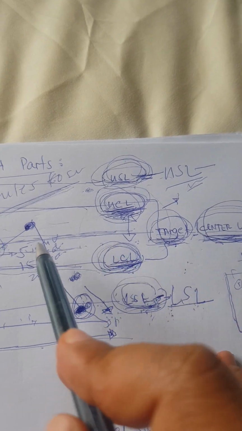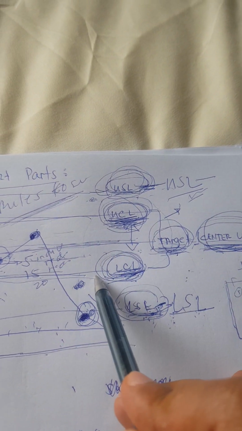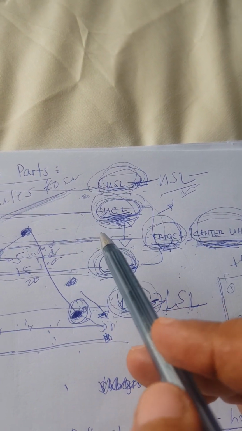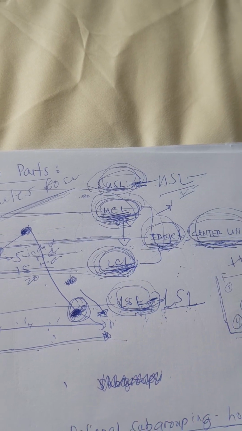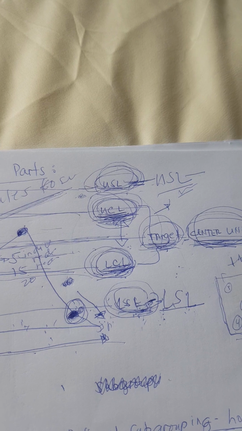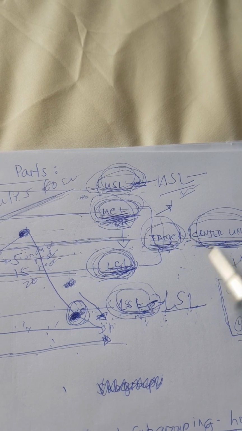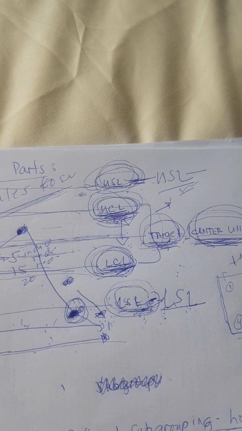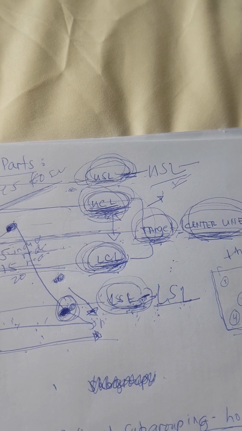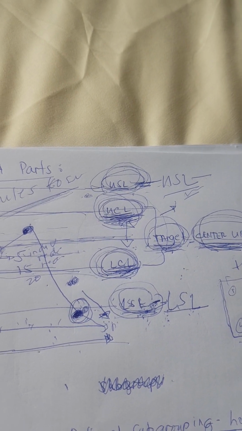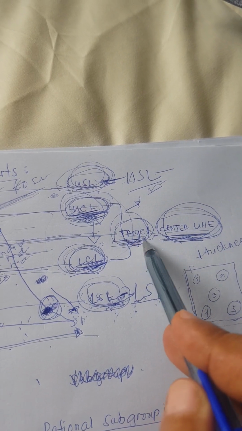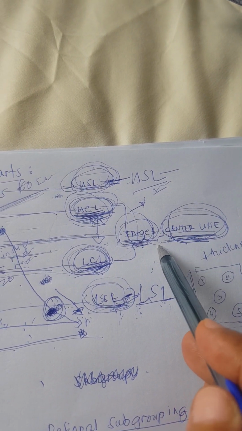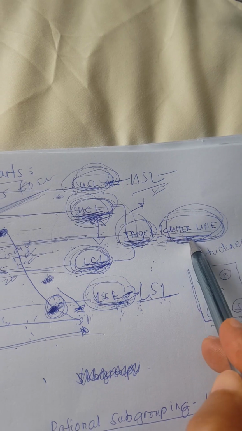Usually, if our process is not skewed to the right or to the left, then the target is approximately the same as the center line.